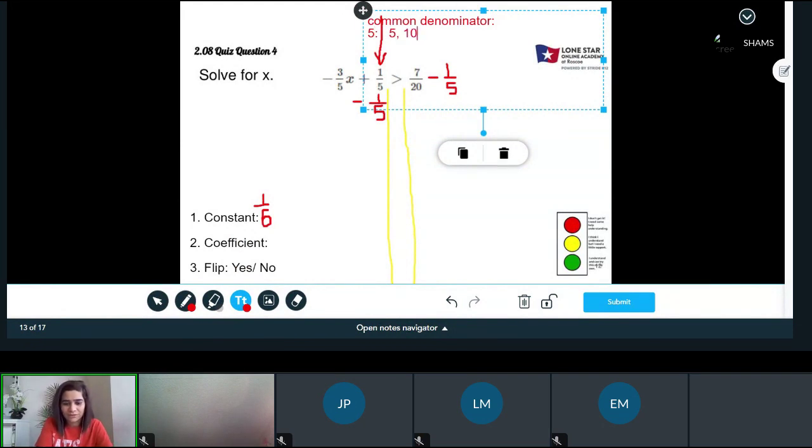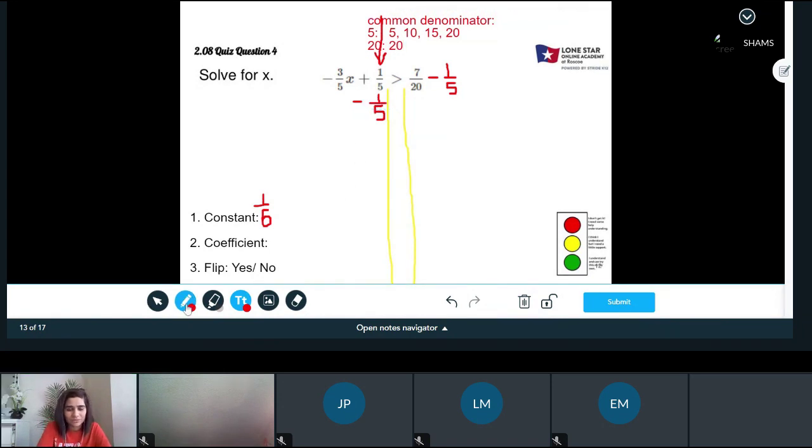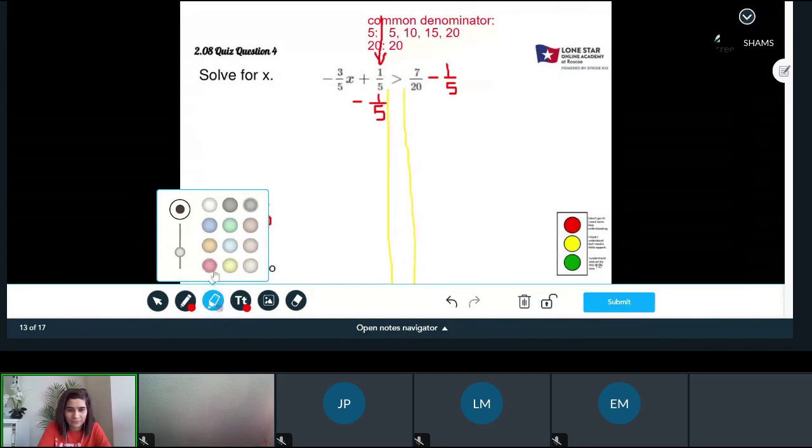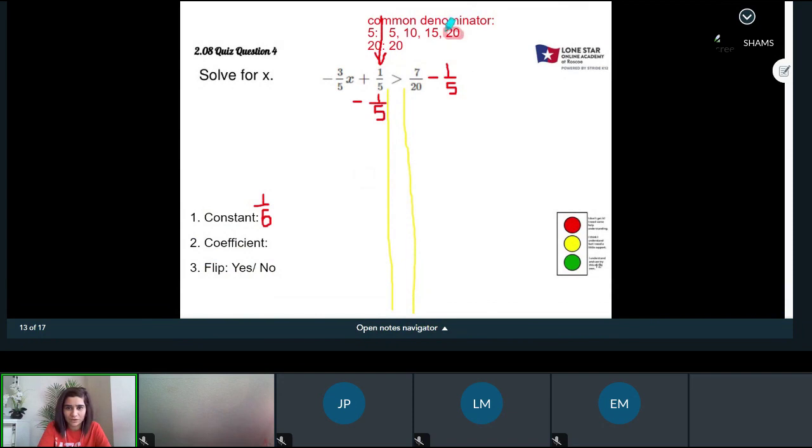I have 5, 10, 15, and 20, and so on and so forth. Common denominators for 20 are, the first one is 20 itself. So I find the common number. My common number will be 20.